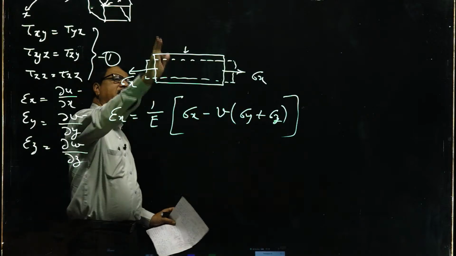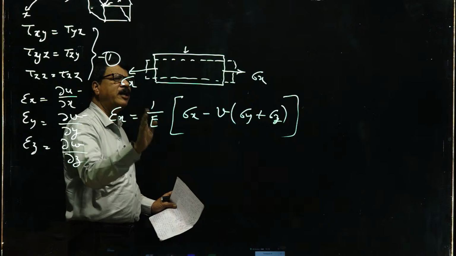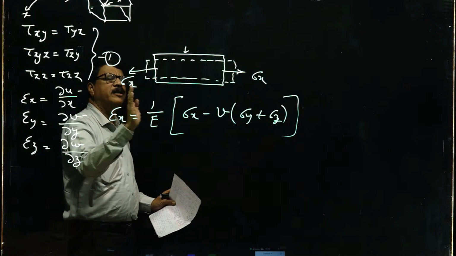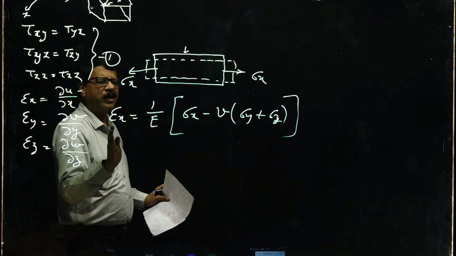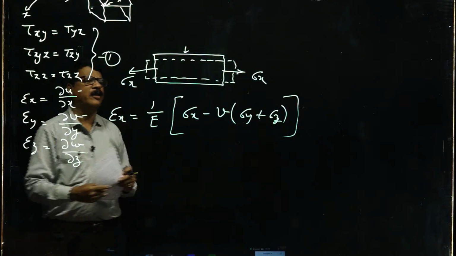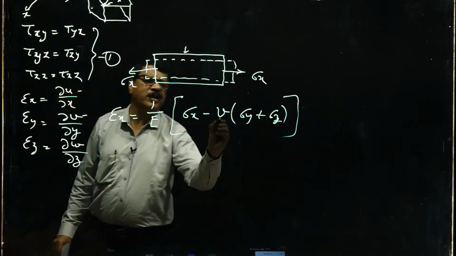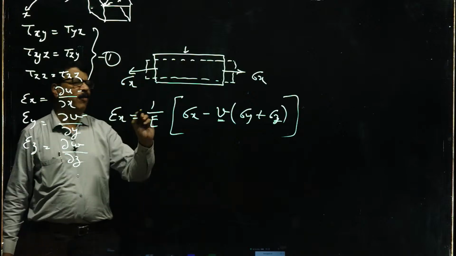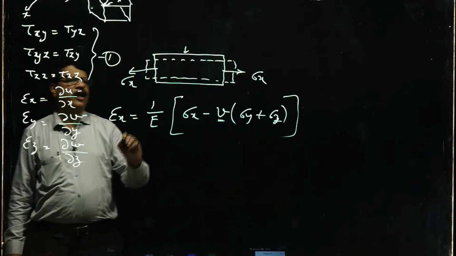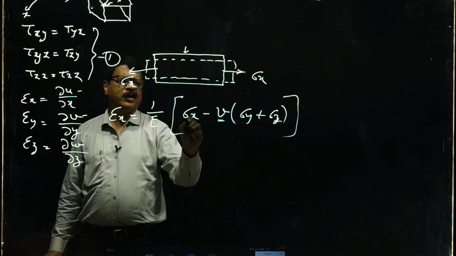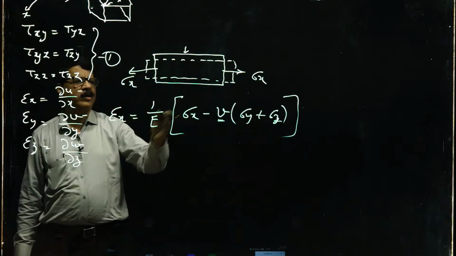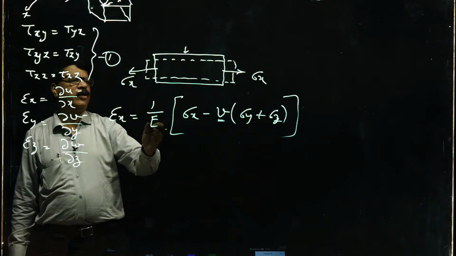Though sigma y and sigma z are not acting in the x direction, they still create distortion in the x direction also. So this is the Poisson's ratio. In the applied force direction the elongation or contraction is positive, and in the other direction it is negative.